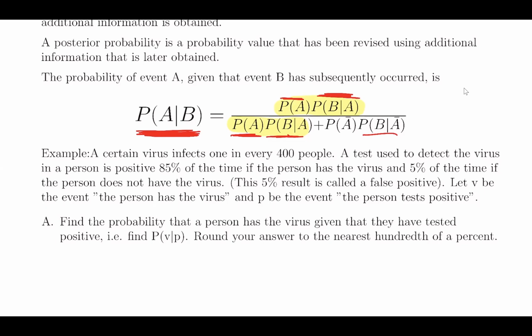Right now, we're going to look at all of the probabilities they're giving us, and put labels on them. Let's look at this one right here. It says a certain virus infects 1 in every 400 people. So they're giving us the probability somebody has the virus.